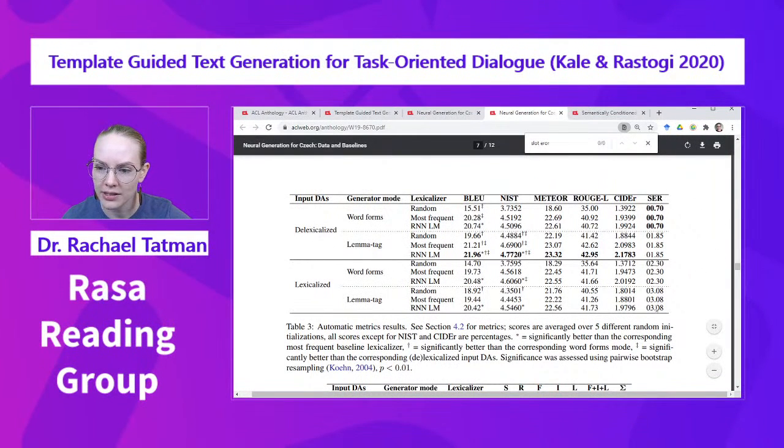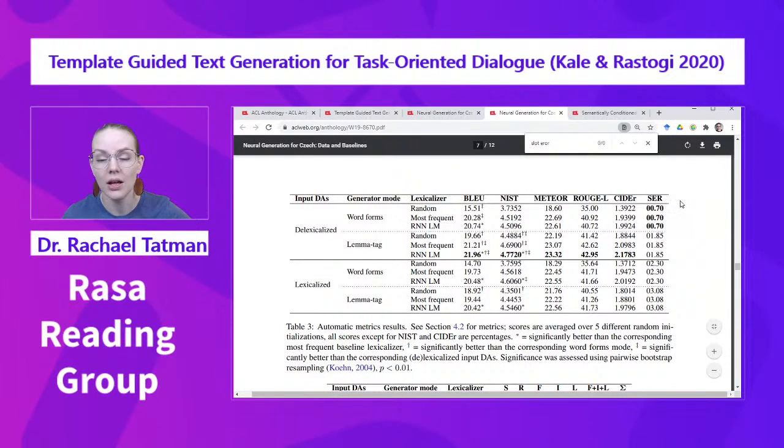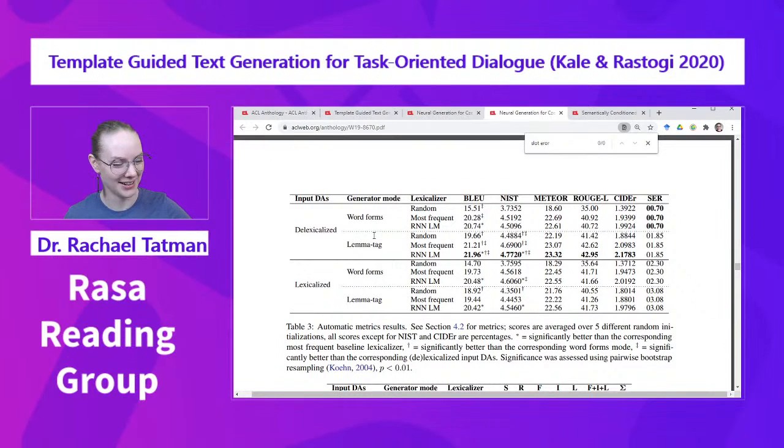What I noticed is that we were right 2 weeks ago when we said that 12 seems really, perhaps even unusably high. And the range in this paper is from less than 1 to around 3. So this is the Czech paper, the paper that the template guided text generation paper cited.